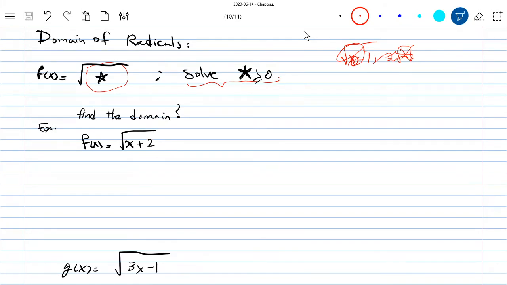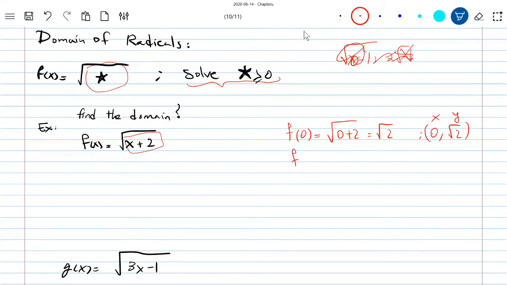If you're looking for the domain, look at these two examples. We want to find the domain of this function. Again, is it possible for me to replace 0 into this function? 0 plus 2, square root of 2. Totally fine, because now I have a point, 0 and square root of 2. Square root of 2 is a decimal number, whatever that is. I picked an x value, I got one specific y value.